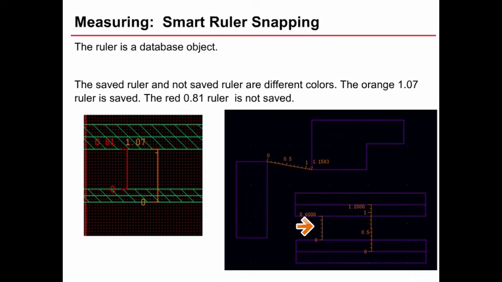So there are examples of the way that it will snap. And which one of these is going to be saved? The orange one. If that was something that you wanted to keep, perhaps you were using that particular measurement during a discussion, then you would probably want that to be printed. So go ahead, make it saved.